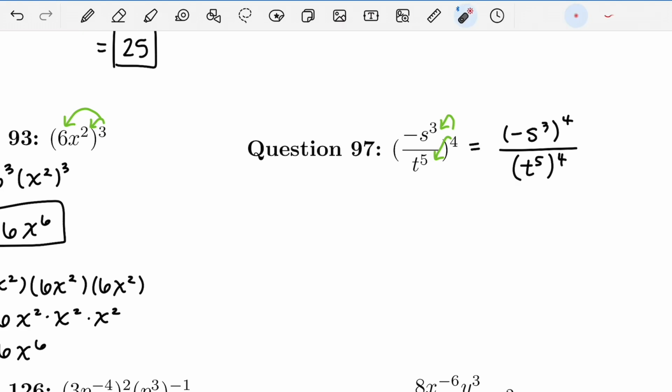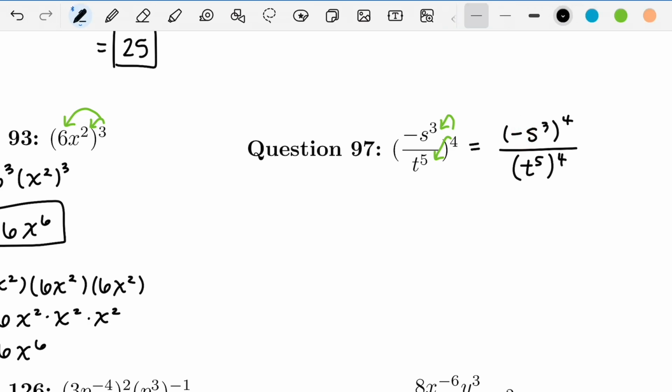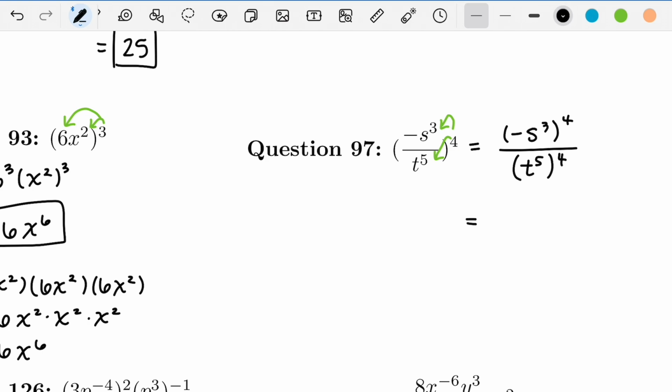So we're again going to use our product rule. We know that if we have something of this form here, these exponents are going to be multiplied to each other in the top and bottom here. However, this minus sign makes it a little tricky. We have to be careful. The coefficient in front of this s cubed term here is going to be minus 1. So what's happening is we can think of this 4 on the top being distributed to this guy and this guy.